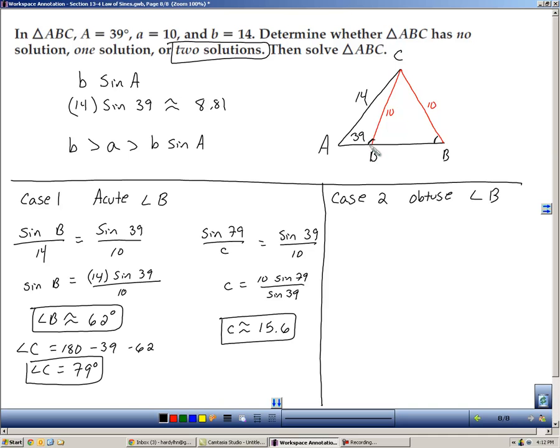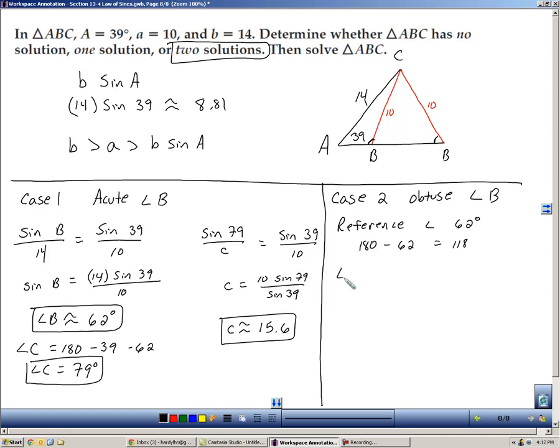So here we want to find our angle B, but we're not going to use the 62 degrees. We want to use the obtuse angle. Well, we want an angle that has the same sine value. So we're going to use 62 as our reference angle. If our reference angle is 62, we take 180 minus 62, and we get 118.